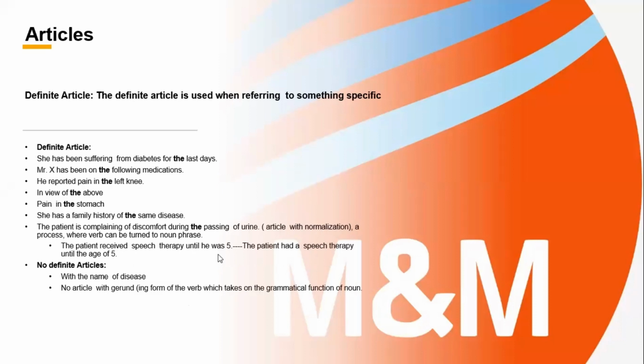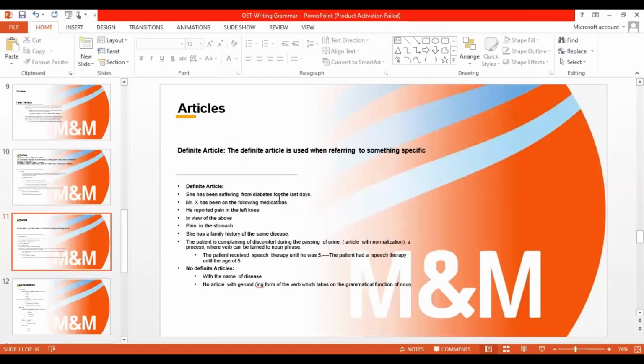We have to use the article the before that, such as: she has been suffering from diabetes for the last 4 days, for the last few years, for example, when we have to specify something. Or: she has been having pain in the right shoulder, for example.